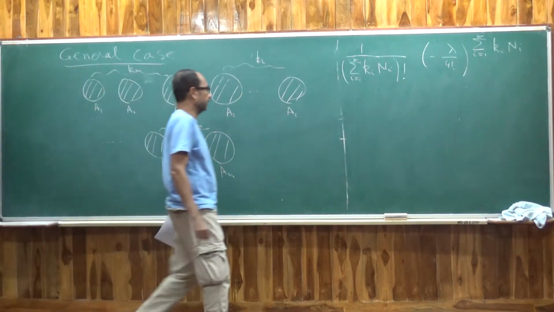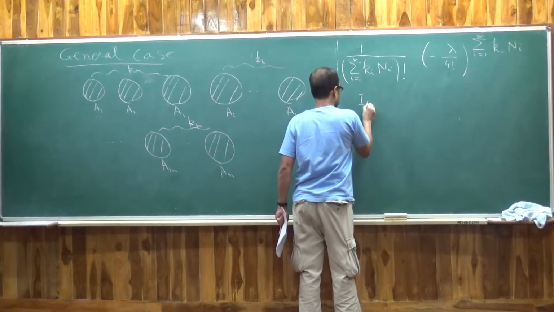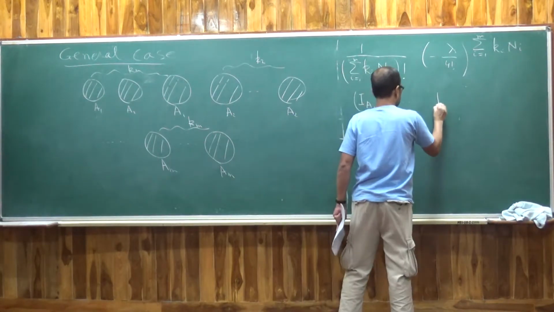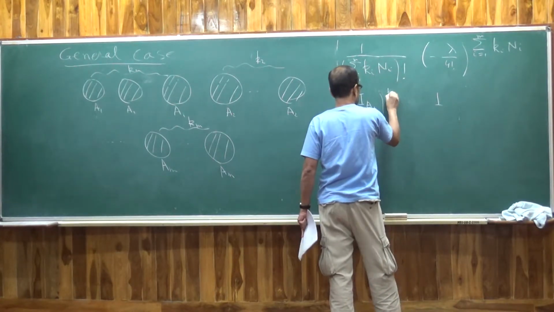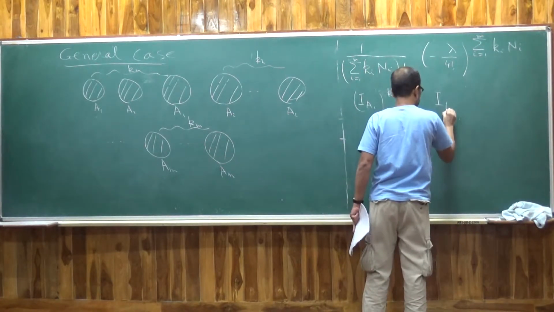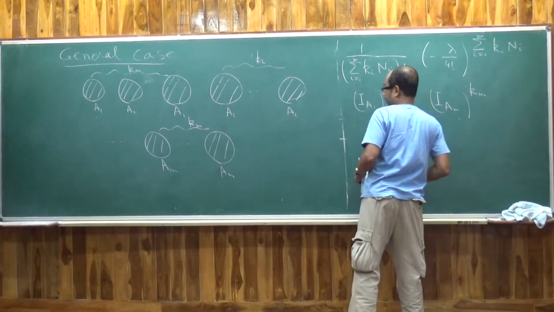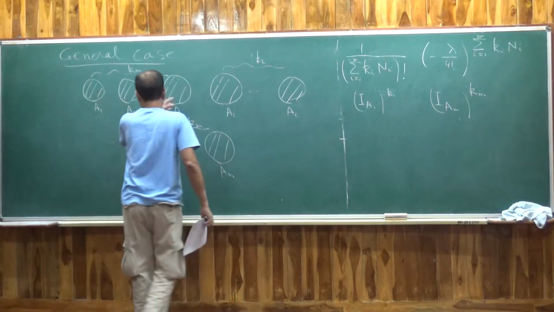Then we have I A1 to the power k1, up to I AM to the power kM. That's the contribution from the individual connected bubbles.